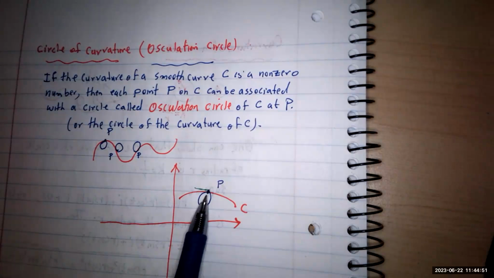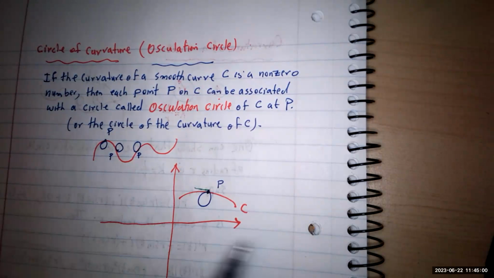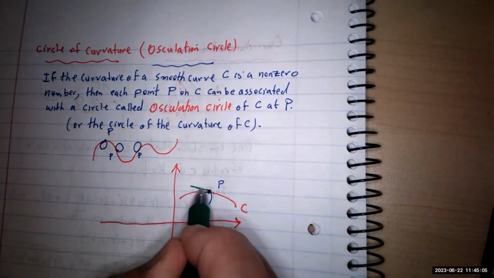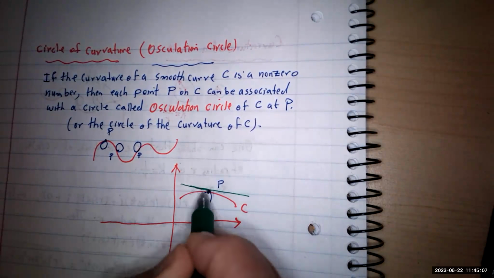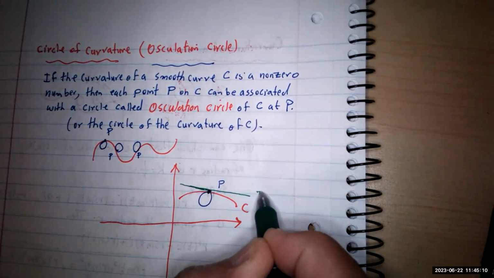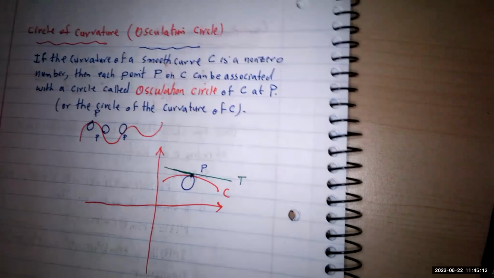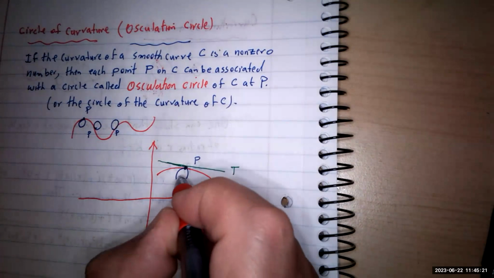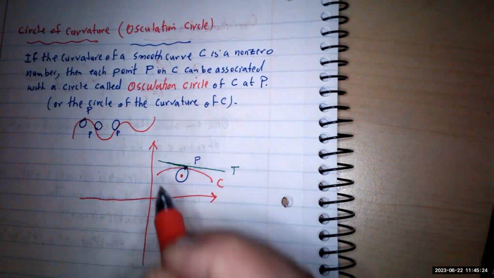So the curvature at the point P, if you want to find it, is the same as the curvature of a circle at this point, where you have a tangent line. This tangent line is tangent to the curve and tangent to the circle. Now we need to find the center of the circle.